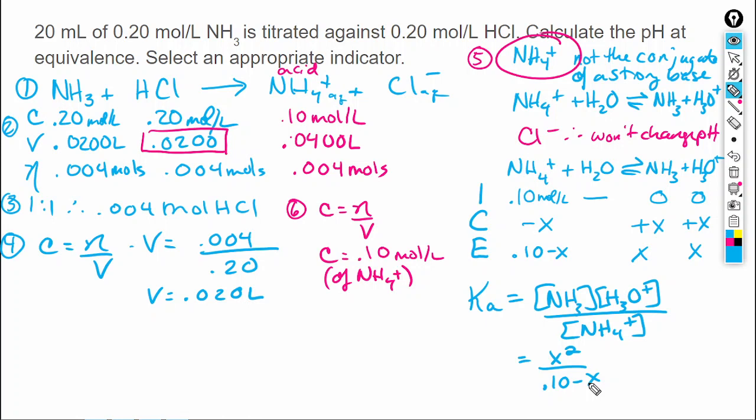The back of the textbook tells me the value for Ka is 1.8 times 10 to the, no, I knew that didn't sound right. The value for Ka is 5.6 times 10 to the negative 10.